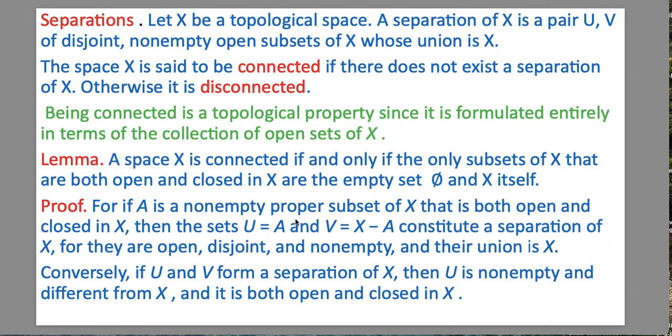If A is a non-empty proper subset of X that is both open and closed in X, then the sets U equal to A and V equal to X minus A constitute a separation of X, for they are open, disjoint and non-empty, and their union is X. Conversely, if U and V form a separation of X, then U is non-empty and different from X. It is both open and closed in X.